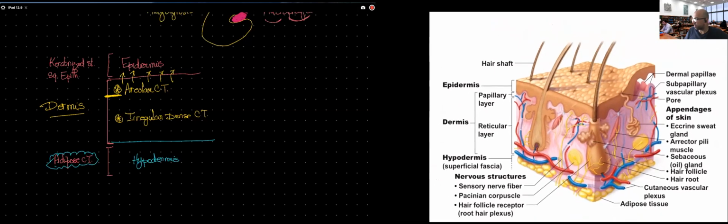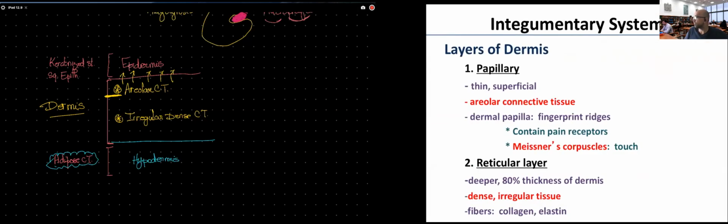What do you think is the function of fingerprints? Why do we have fingerprints? Why is it not a smooth skin? Sensation. But I would still have the receptors for sensation if it was smooth without any ridges.